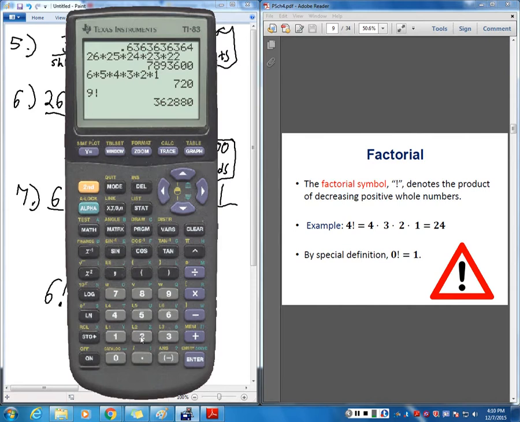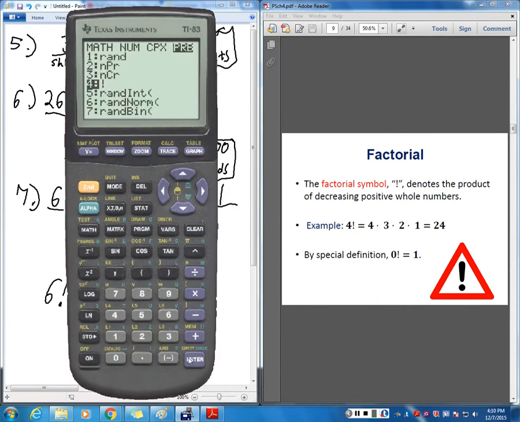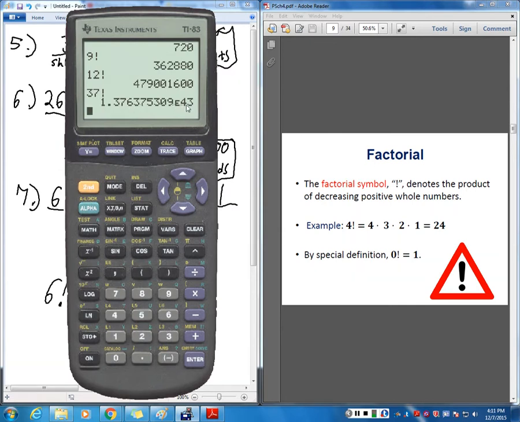If I find a 2-digit number like say 12 factorial, I get an even bigger number. If I try an even larger number than that, let's say 37 factorial, I get 1.376, some other numbers, times 10 to the 43rd power.